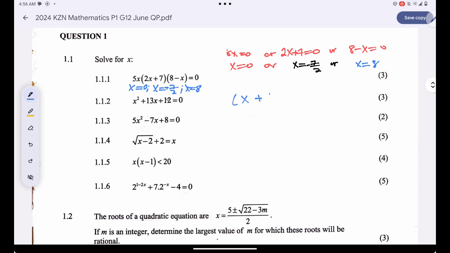We want factors of 12 that when we add, according to the sign next to 12, will give us the middle term altogether. So it will be (x + 12)(x + 1). 1 and 12 are the factors of 12, and when you add them you get 13. So here the answer will be x is negative 12 or x is negative 1.